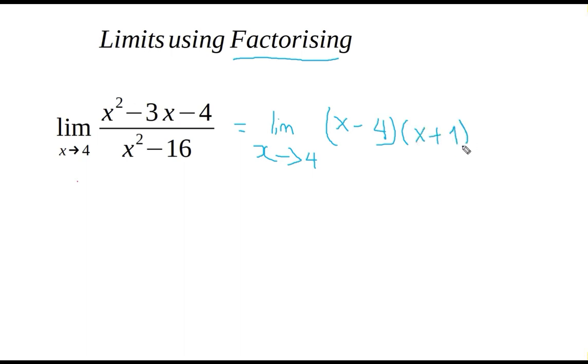Basically, if you have a quadratic expression, you can factorize it by finding two numbers that multiply to give the independent term, and that add to give the coefficient of the x term, and that is minus 4 and 1. That's why I have this here.